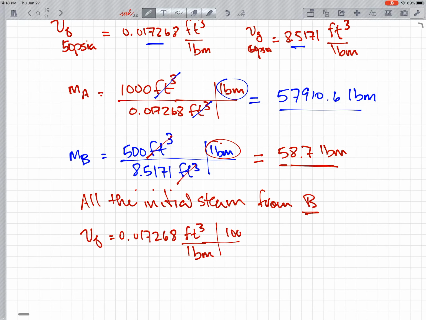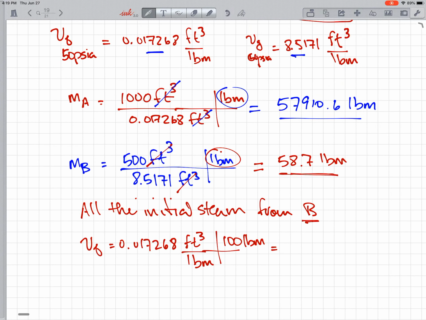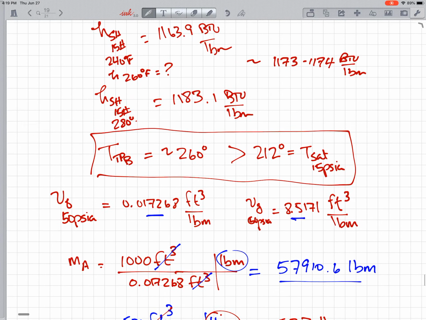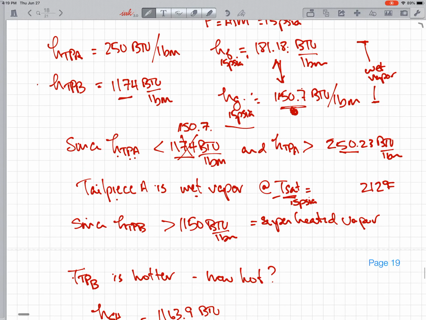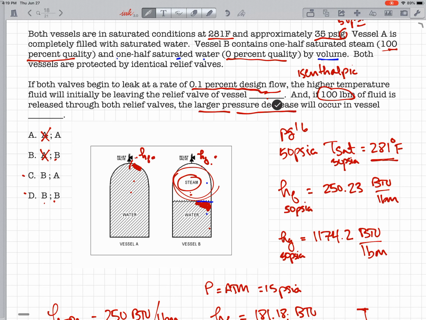That 100 pounds mass of water took up 1.7268 cubic feet, out of the 500 cubic feet in tank A, versus the 500 cubic feet from tank B. So at the end of the day, there was steam still in tank B. It was just very wet, much wetter than it would be at a very low pressure, a much smaller pressure than just the 100 pounds.